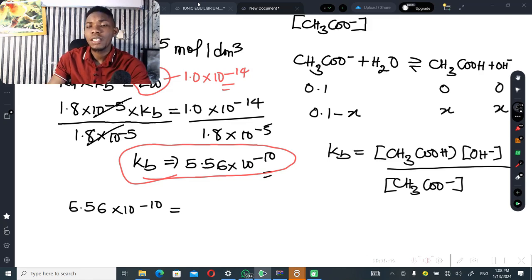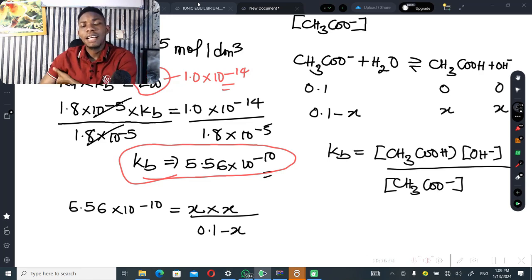A percentage of this dissociated, so we have X times X divided by 0.1 minus X. But this X that dissociated we can neglect because it is negligible compared to the 0.1, so this value will be approximately 0.1.